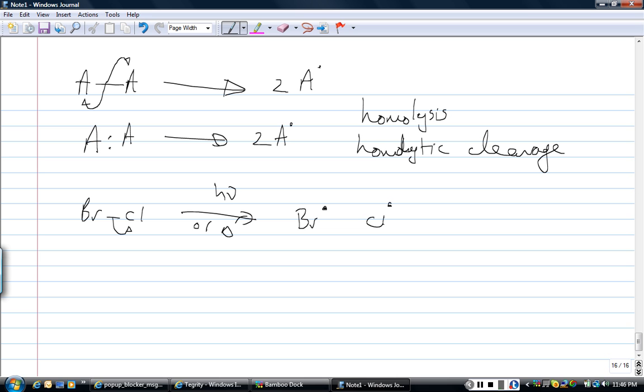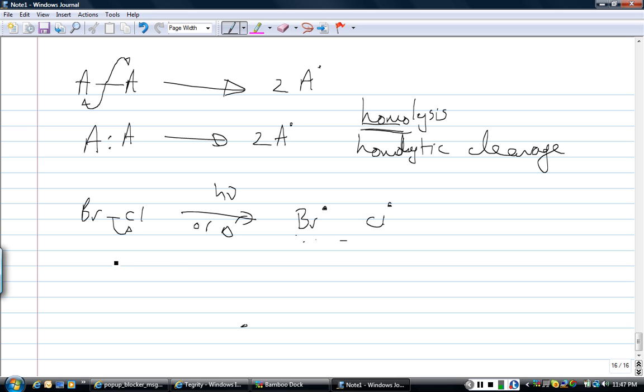And secondly, you notice I did not draw both fishhooks this time, because it's understood if one electron goes here, the other one must be going on the bromine. And this is also homolysis, even though I didn't make two Brs or two Cls. The point is, the species generated are both free radicals. So cleavage that generates the same kind of species is called homolysis or homolytic cleavage.